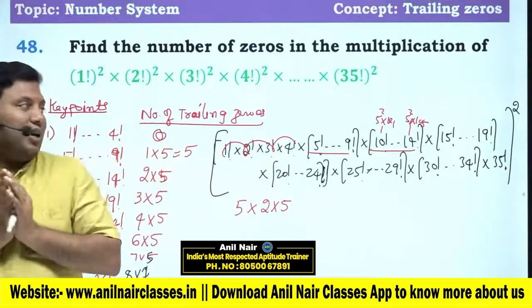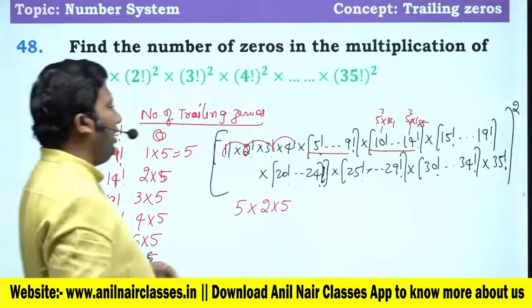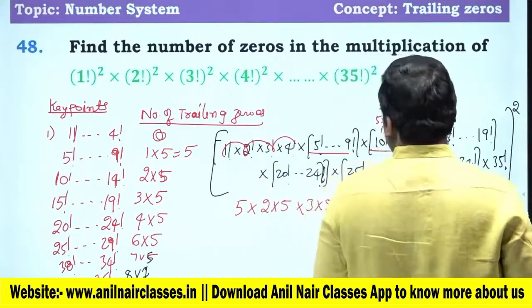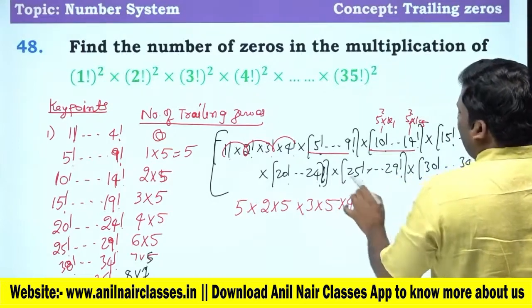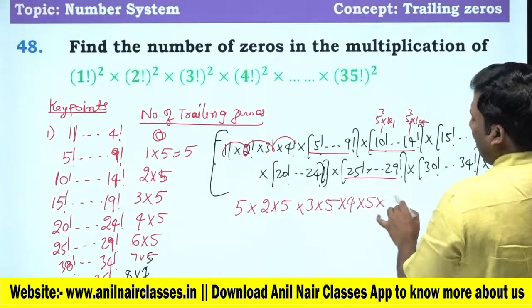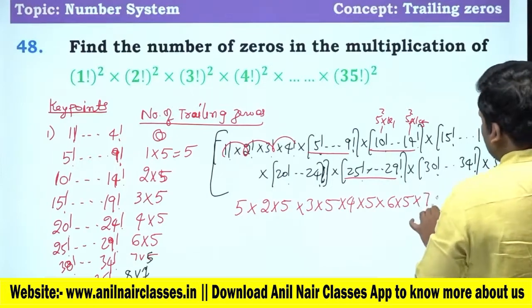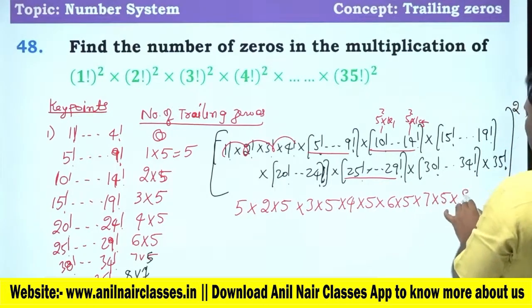Next one, 15 factorial till 19 factorial. How many are there? 3. So it is 3 into 5. 20 factorial, it is 4 into 5. 25 factorial, how many did I get? 6 into 5. 30 factorial, it is 7 into 5. 35 factorial, it is 8.